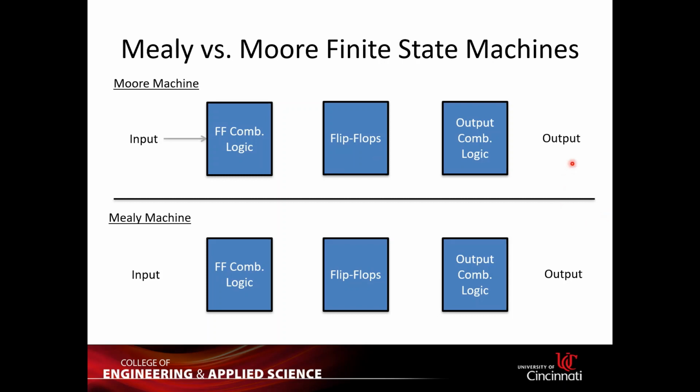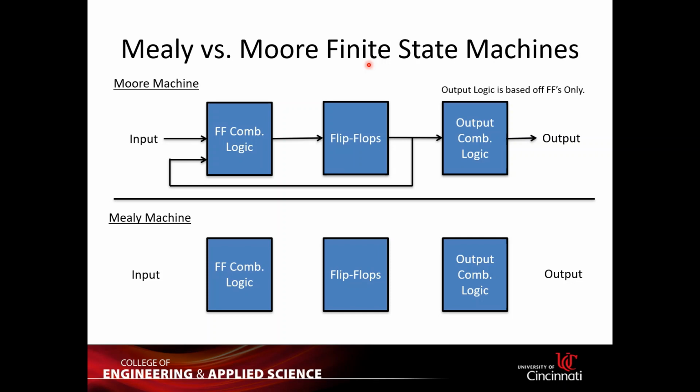For the Moore machine, the output logic is only based on the flip-flops. So the previous example of the T flip-flop sequential circuit is actually a Moore machine. The output is only based on the state of the flip-flops.